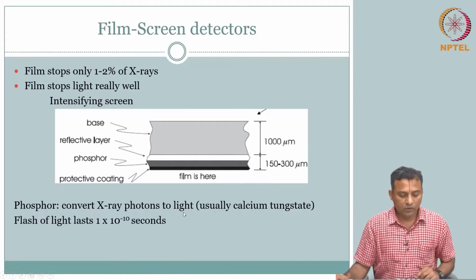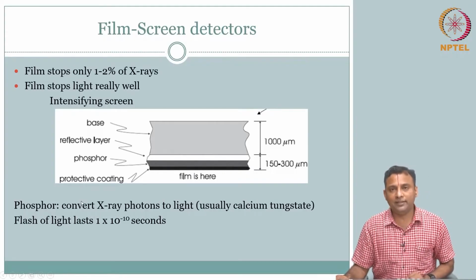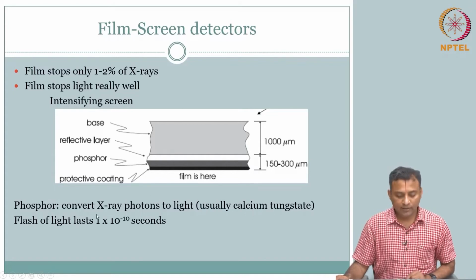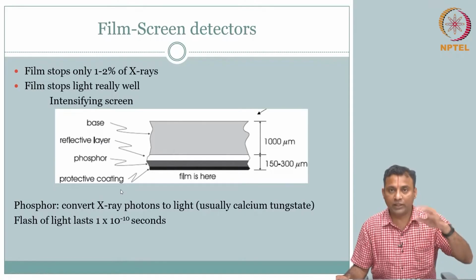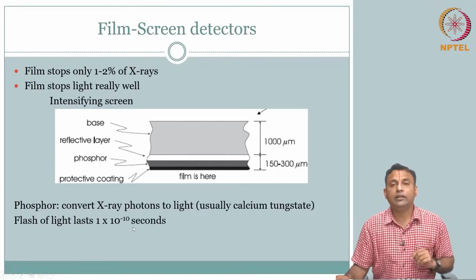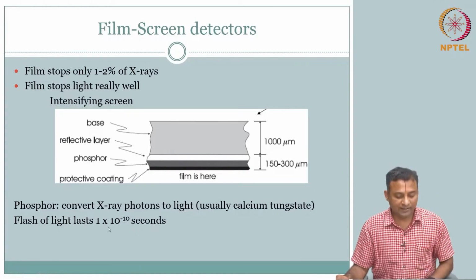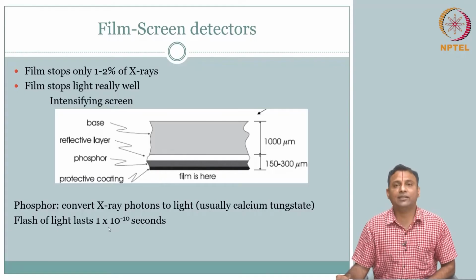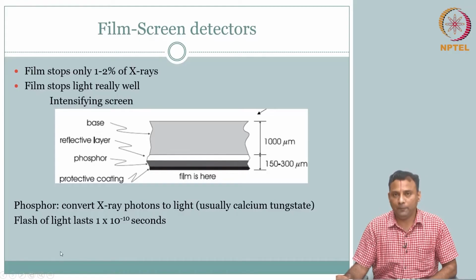Okay. So, one of the desirable things is, when the X-ray photons are converted to light photons, it has to flash out in a time that is very short. What is short? 1 into 10 power minus 10 seconds, that is the order it takes, right. So, you want to catch this flash of light, or rather the film needs to be exposed to this flash of light.